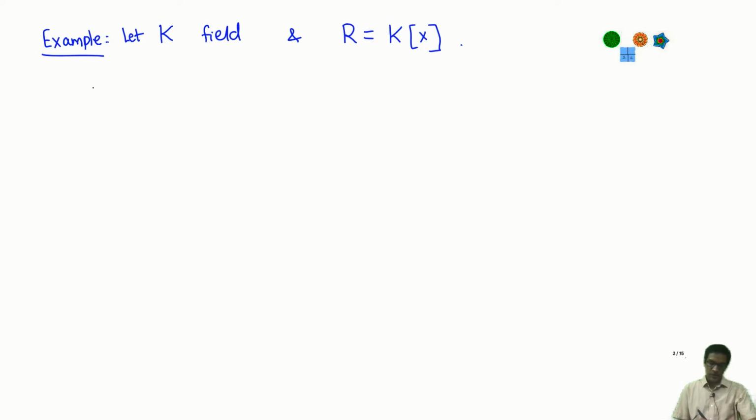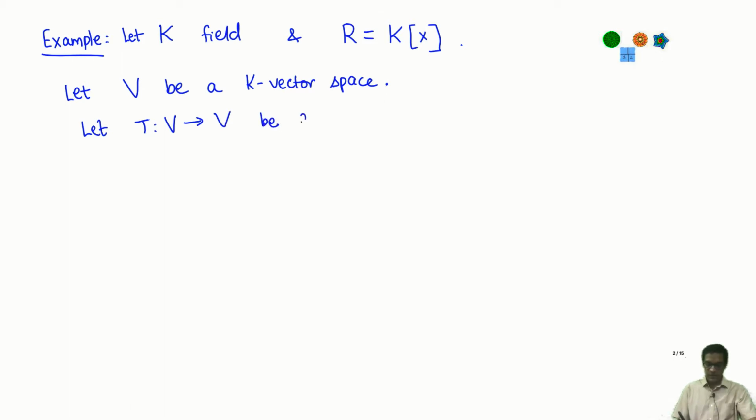Let me give you examples of modules first. Let V be a K vector space, a vector space over the field K. That's the first piece of data I'll start with, and I also need another piece of information, which is a linear transformation on V. Let T from V to V be a linear operator.